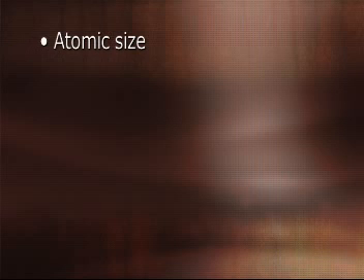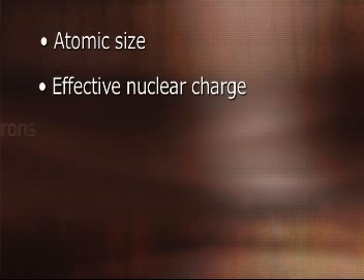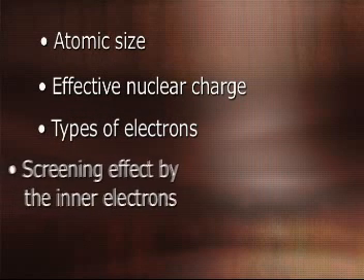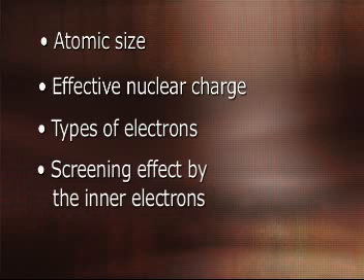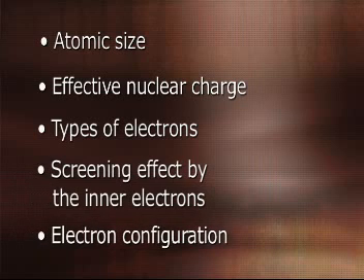These factors include atomic size, effective nuclear charge, the types of electrons, the screening effect by inner electrons, and electron configuration. If you were able to remember all 5 of those factors, then you have great memorization skills.